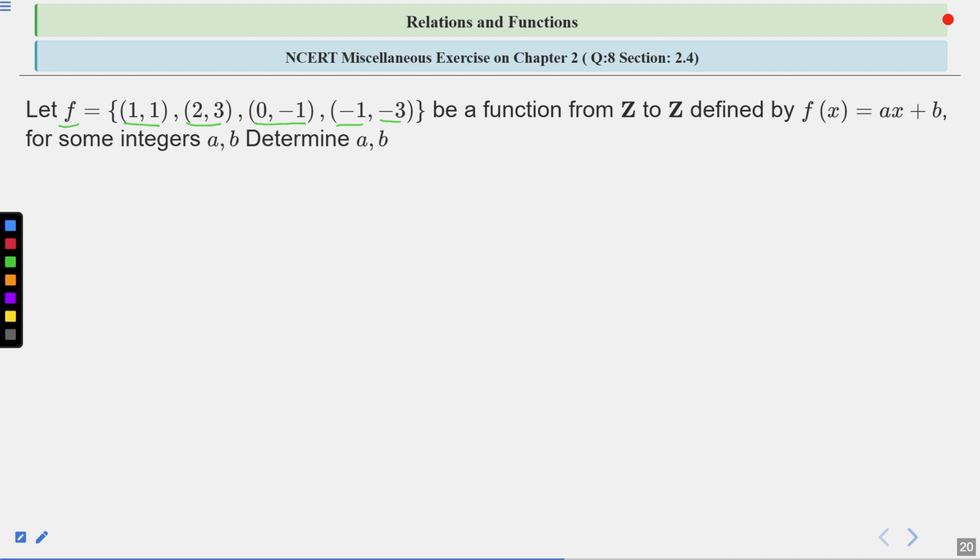Now your f(x) is defined by ax + b for some integers a and b. What you have to do is find the values of a and b. Clear? Quite a simple problem. You'll have some seconds to try this problem, then afterwards we will move on to the solution slide. So your time starts now.